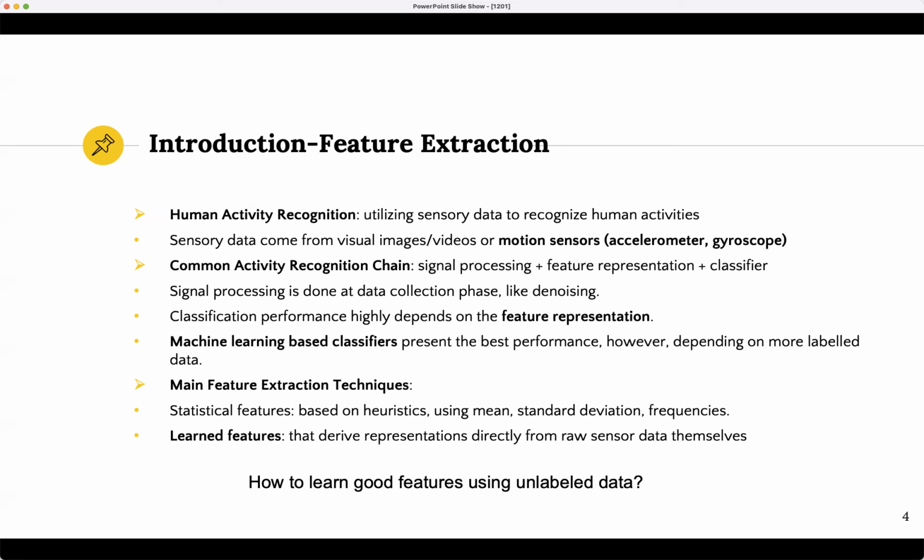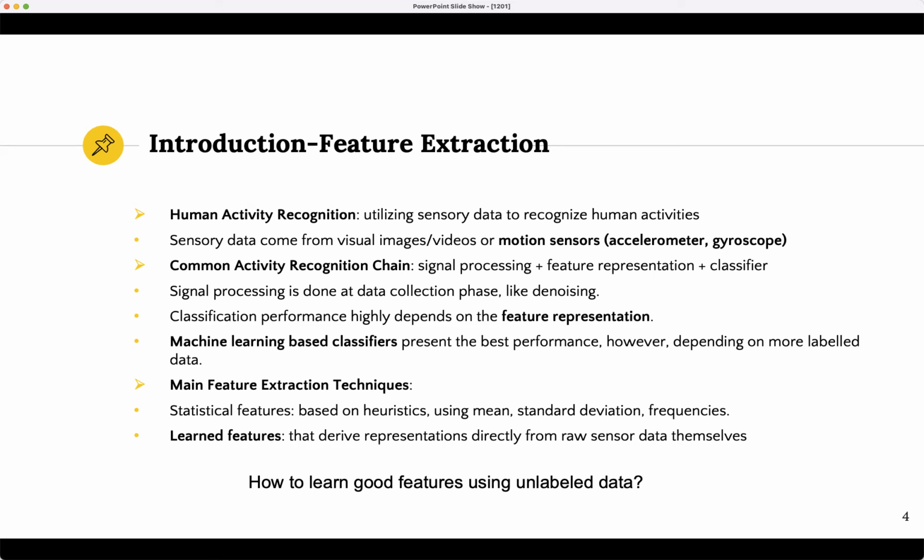Many works recently explored feature extraction techniques, because this part is very critical for this task. Some adopt statistical features like the mean, standard deviation, or frequency domain features.